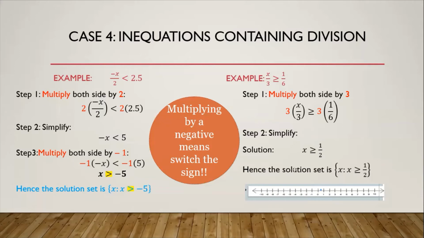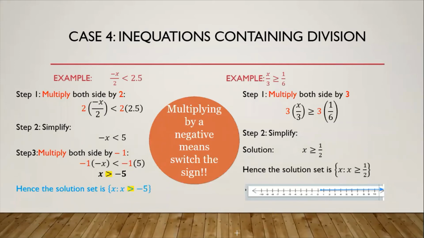And then what we need is an arrow to show the direction, and then we are finished. So it says x is greater than or equal to a half. So greater than a half would be 1, 2, 3, and so on. So our arrow would be drawn in this direction.